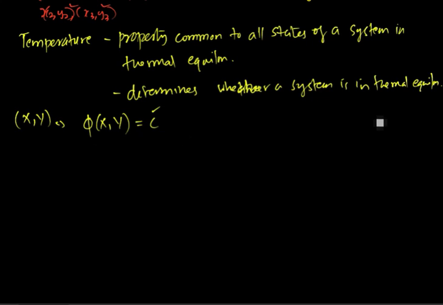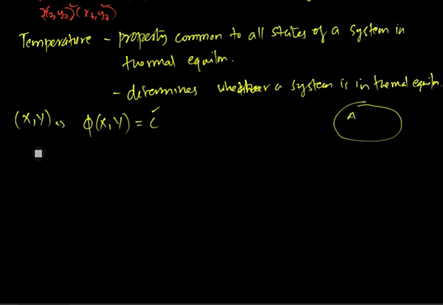Or consider a gaseous system A which is having different states which are in thermal equilibrium with each other. It is characterized by the different pressure and volume, let's say P1 V1, P2 V2, P3 V3, etc.